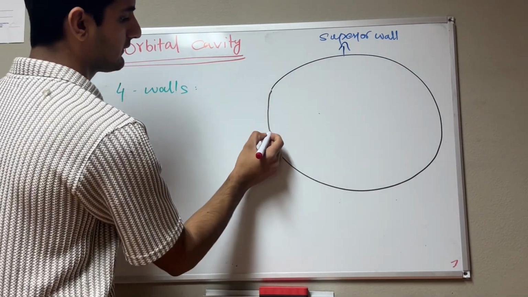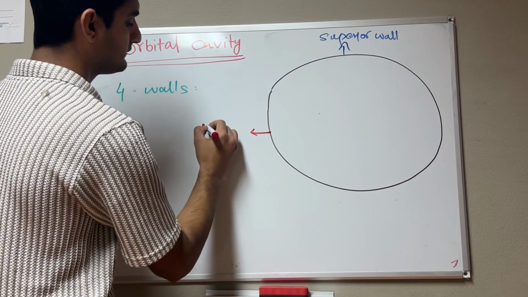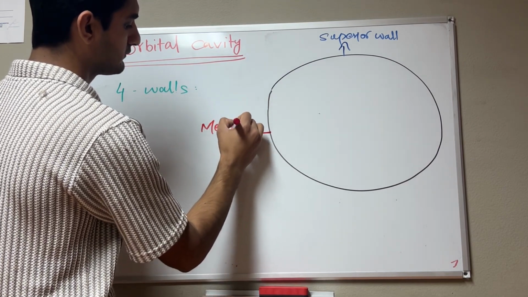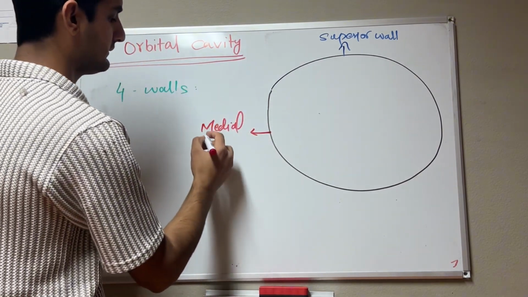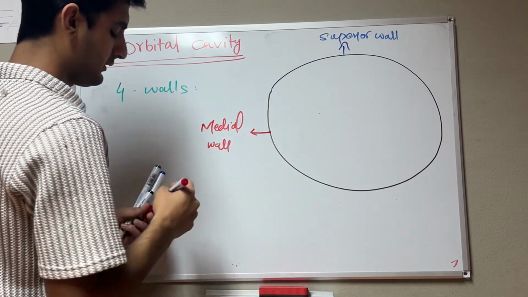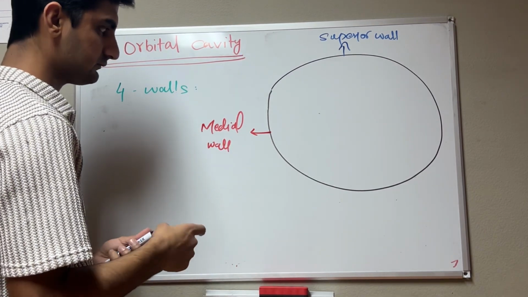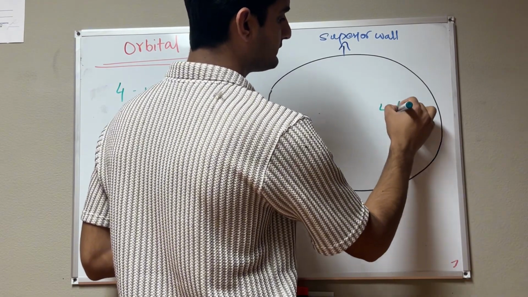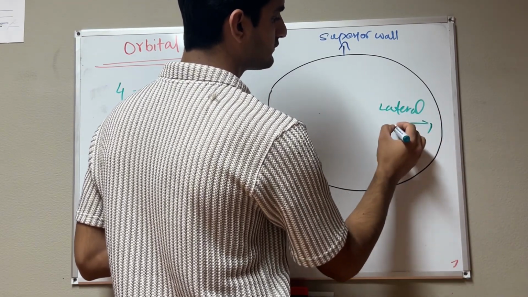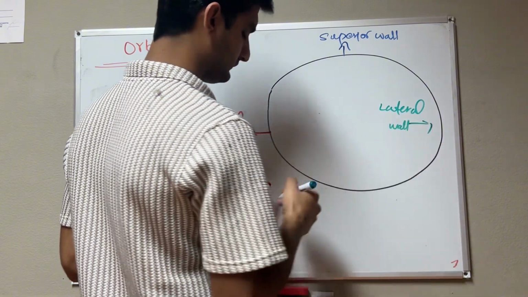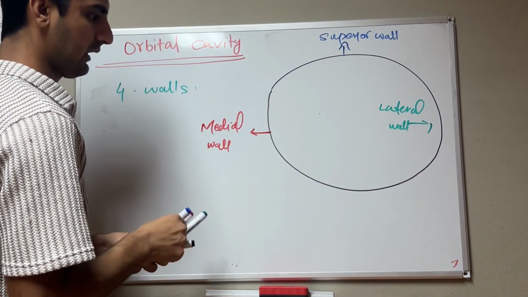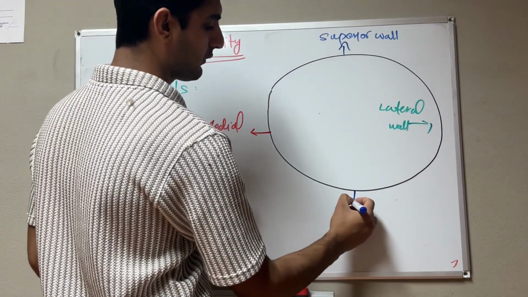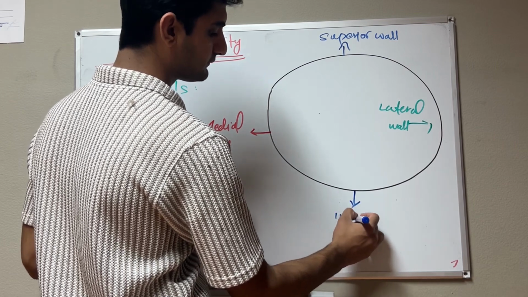This one is the medial wall, because this side is medial. This one is the lateral wall. And this lower one is the inferior wall.